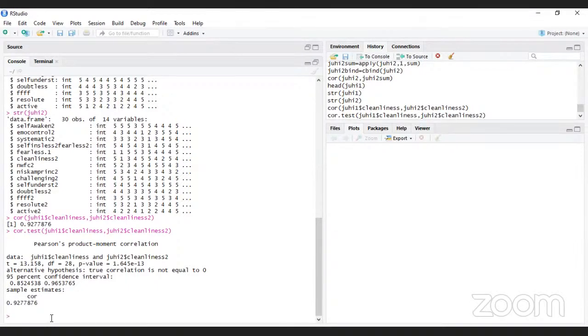Now I want to show you the regression line between these two. That is the best fit line between these two.